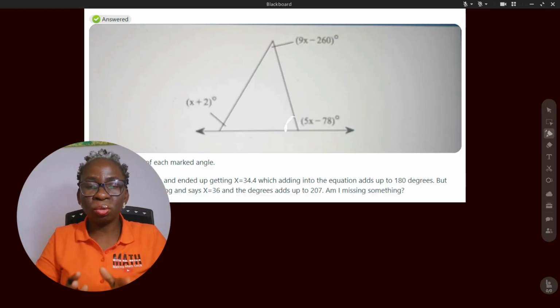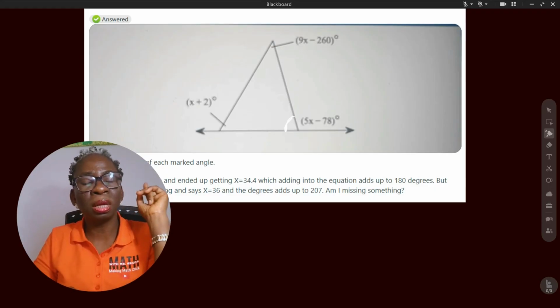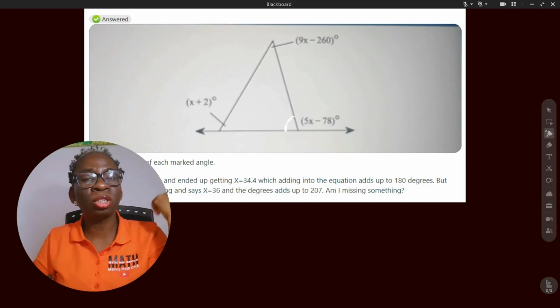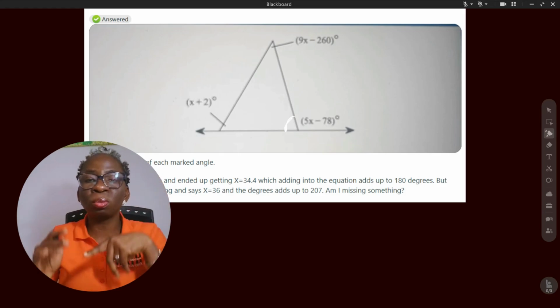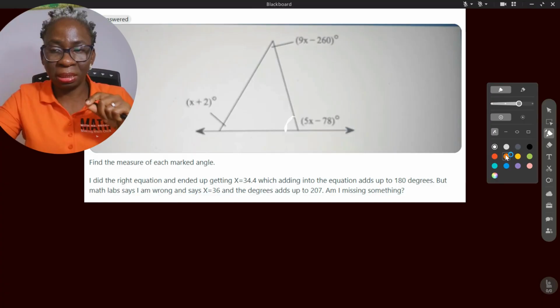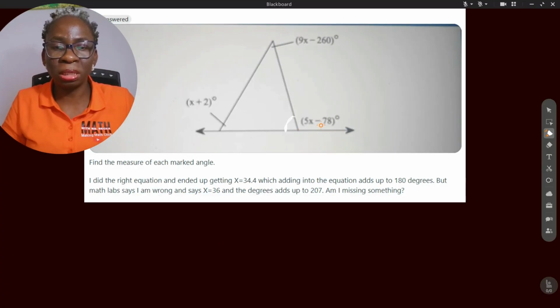So now the first thing to do is to look for x. To calculate x, let's use the exterior angle theorem that says the exterior angle is equal to the sum of the opposite interior angles. Looking at this, this is the exterior angle. The exterior angle says 5x minus 78.